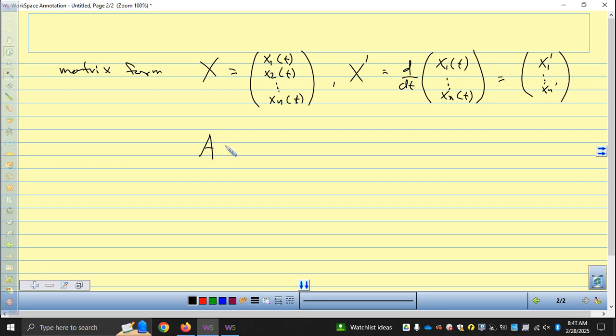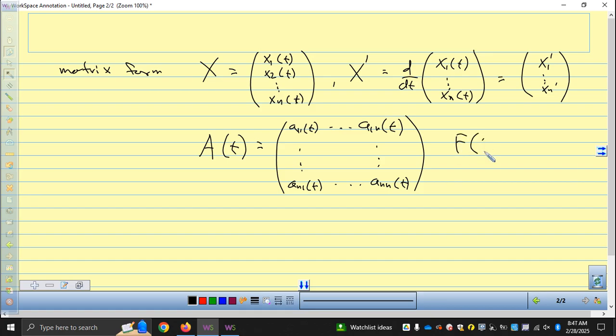And A of t is just the matrix of our coefficients. So that's a11 of t to a1n of t. And F of t is our matrix of our functions.